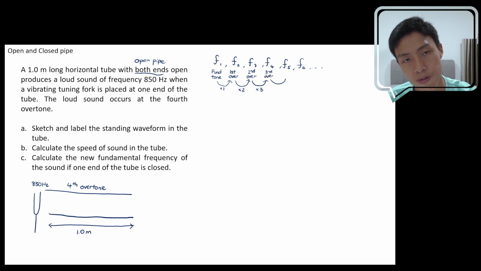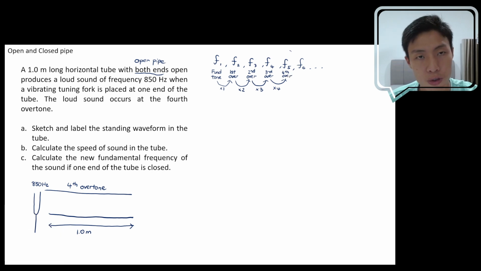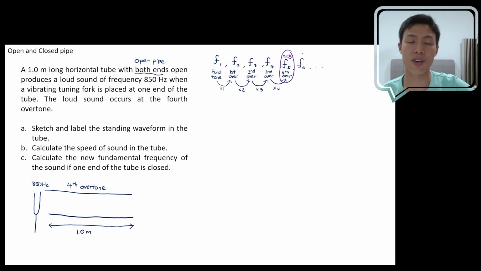Go over for the 4th time, this will be your 4th overtone. So we see that we are asking for the 4th overtone. For the 4th overtone, n will be equal to 5. We have to be very clear, our n is equal to 5, even though the word says 4th overtone, our harmonic number is 5.